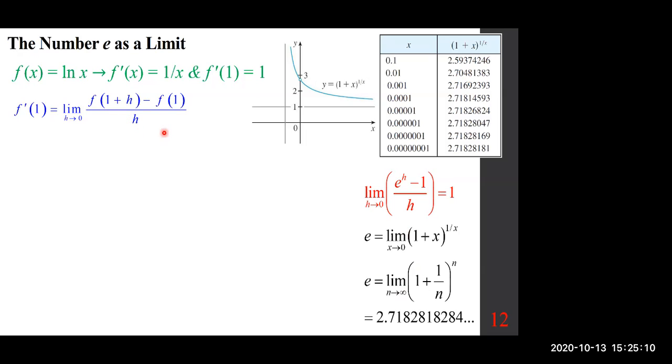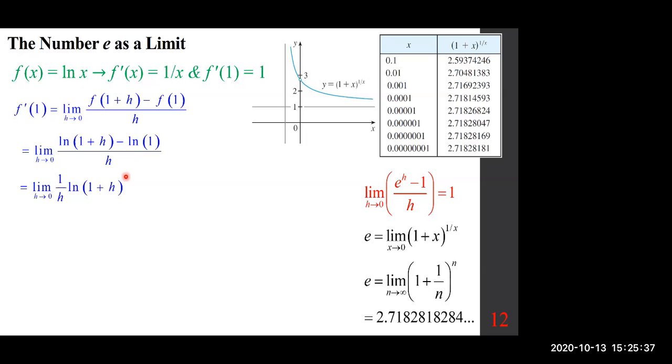Okay. Now, of course, f of 1, okay, class, f of 1 means what? ln of 1, and ln of 1, everybody knows is 0, right? So ln 1 is 0. Because ln 1 is 0, it goes away. This is ln of 1 plus h over h, or 1 over h ln of 1 plus h. It's just the way you rewrite this.